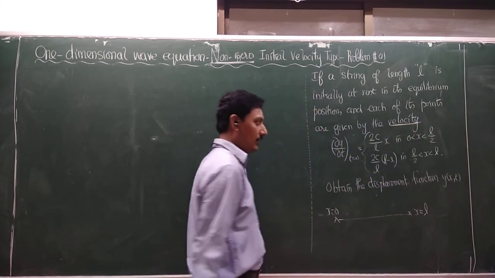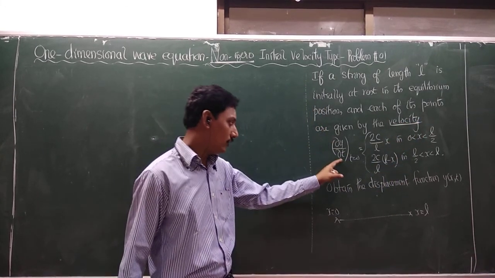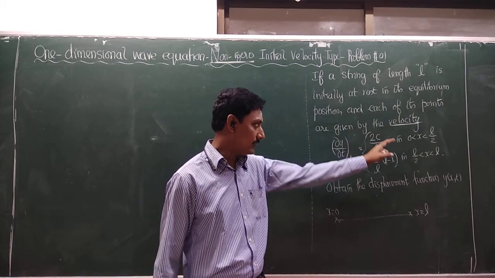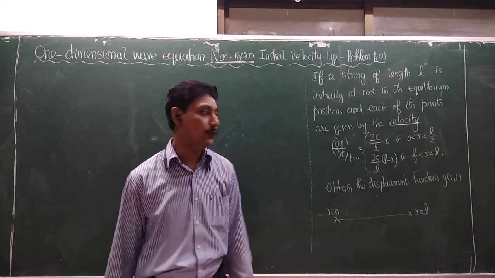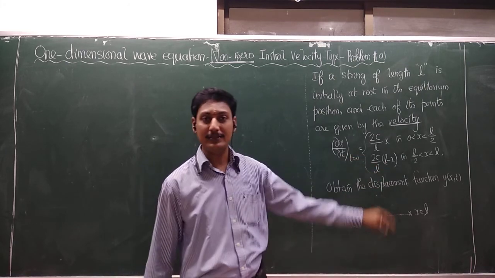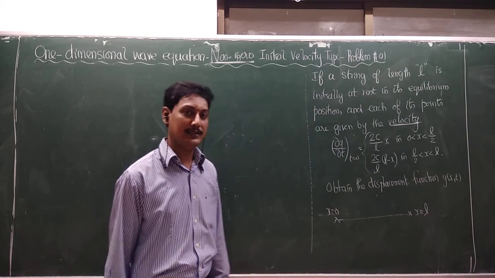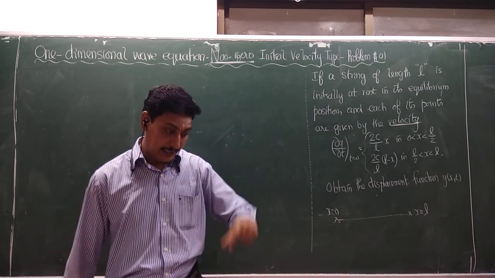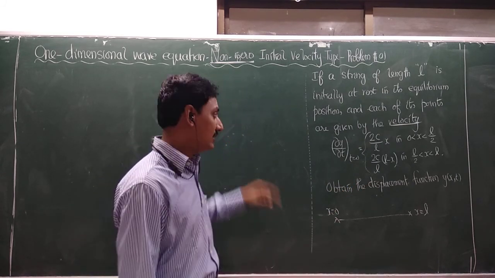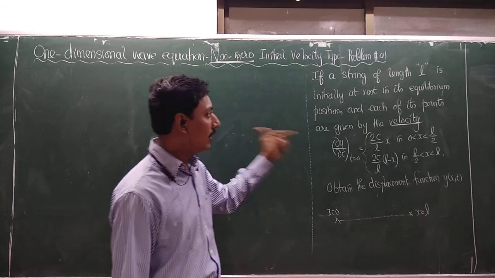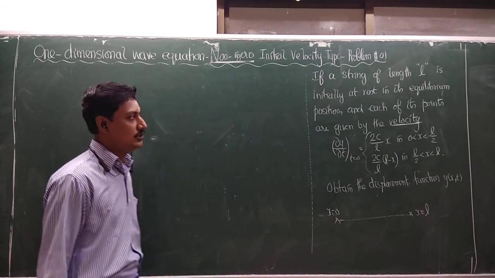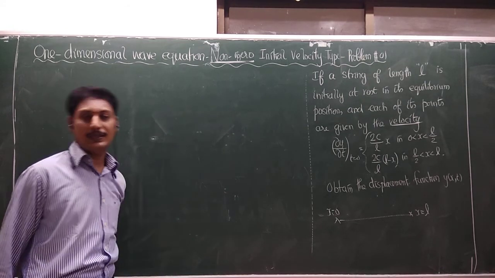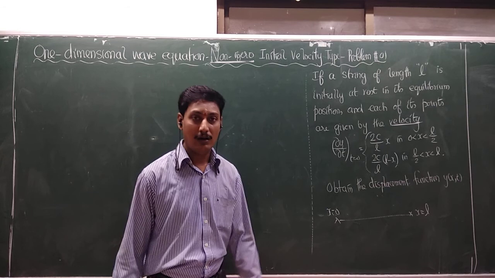So the velocity ∂y/∂t at initial time t = 0 is 2c/L into x in 0 < x < L/2, and 2c/L into (L − x) in L/2 < x < L. Obtain the displacement function. Initially some velocity is given to the string, and it vibrates from this position. What will be the displacement function during the subsequent motion of the string?